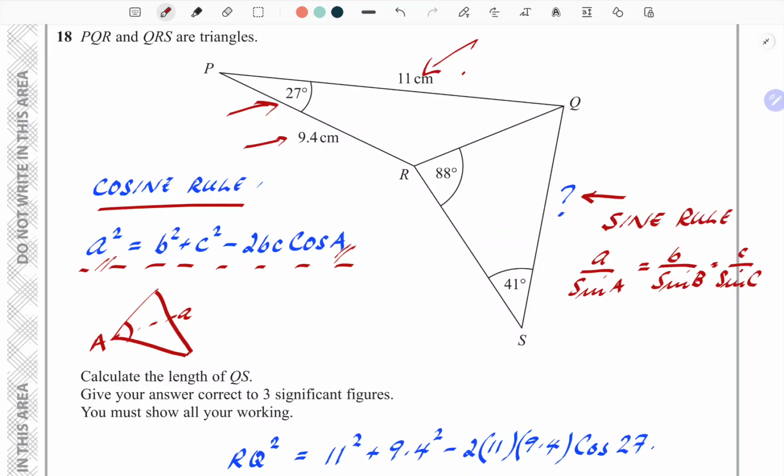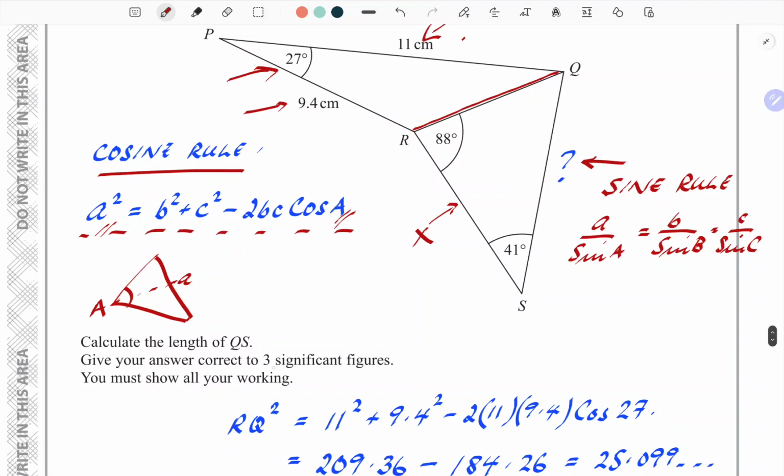So in order to do that, we can't find this one. There's no information helping us with that one at all. The one that we can find is this one here, RQ, QR, whatever you want to call it. We can use the cosine rule for triangle PQR and find the length of RQ.